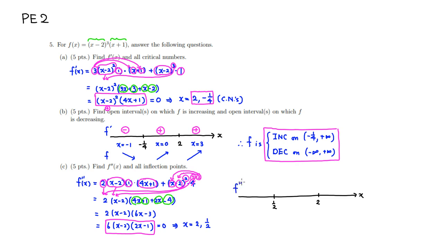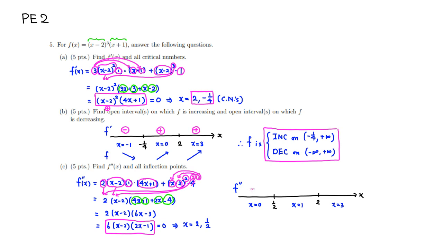So we look at the sign of f double prime. Anything less than 1/2, I'm going to try 0. Between 1/2 and 2, I'm going to try 1. And bigger than 2, I'm going to try 3. If you plug in 0, it's negative 2 and negative 1, so 6 times negative times negative is positive.